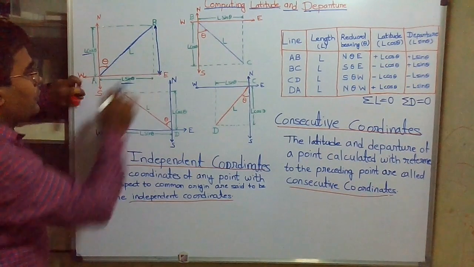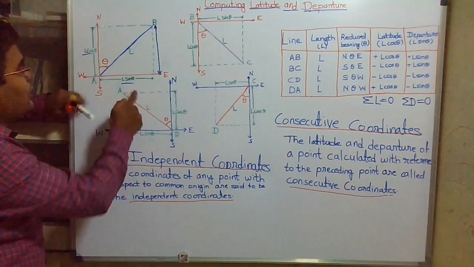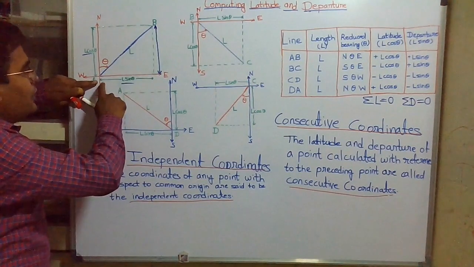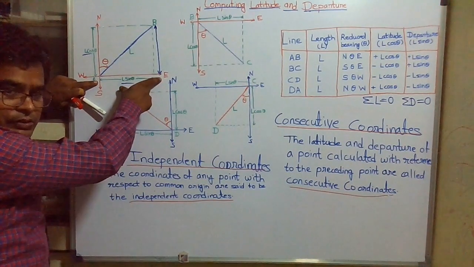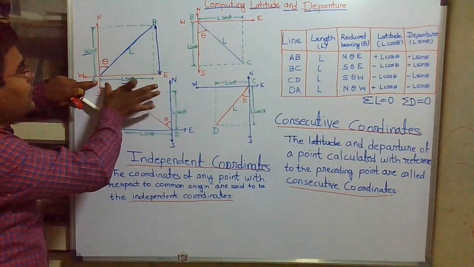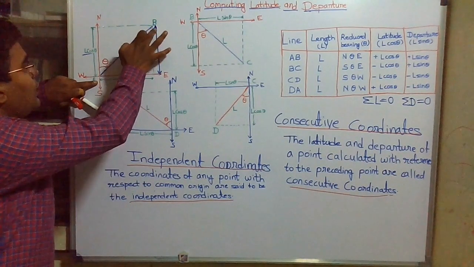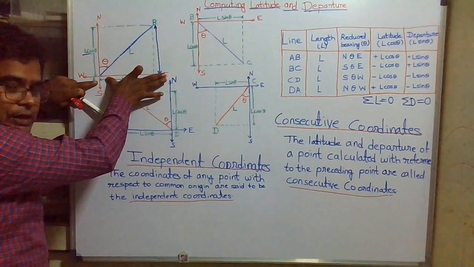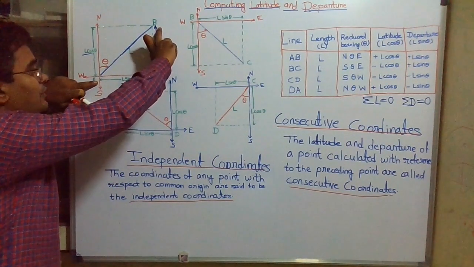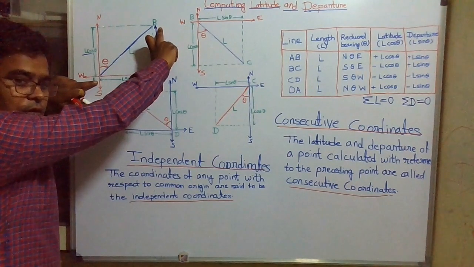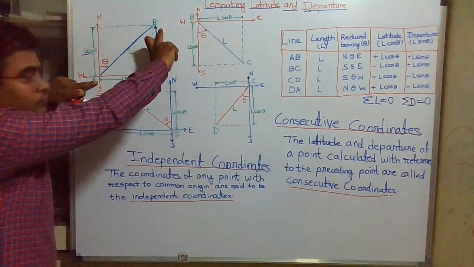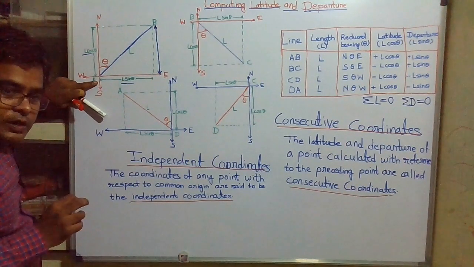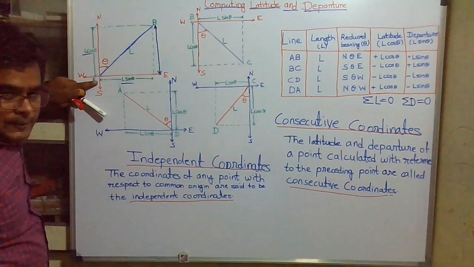This is the latitude. And what is the departure? Departure of point B is nothing but its distance along east, or in terms of geometry, the distance of point B with respect to point A in the x direction. And latitude is its distance along the y-axis, that is the distance of point B along the y-axis from point A.